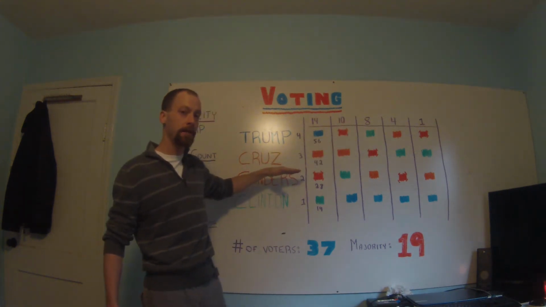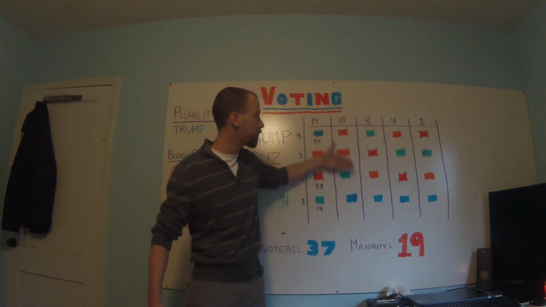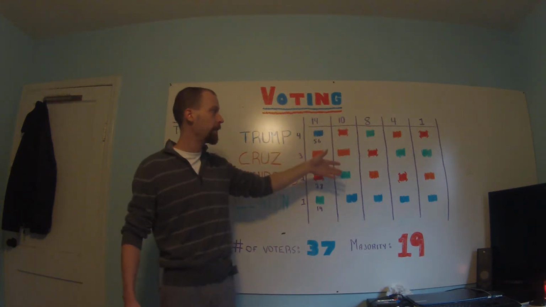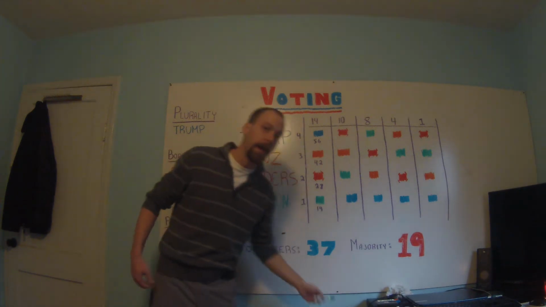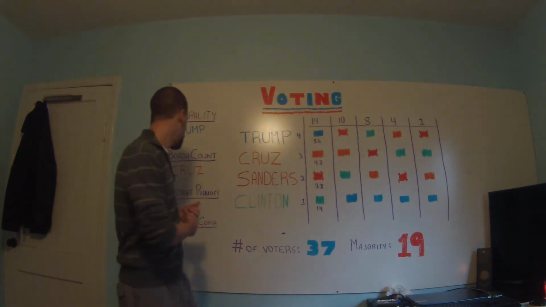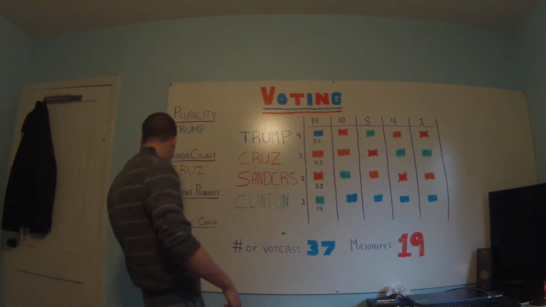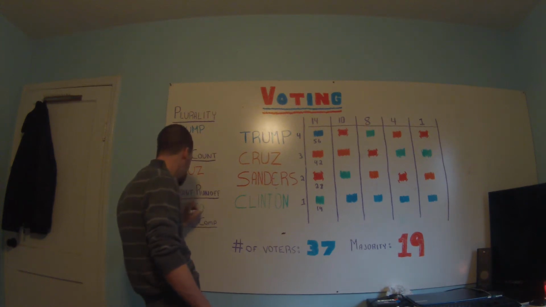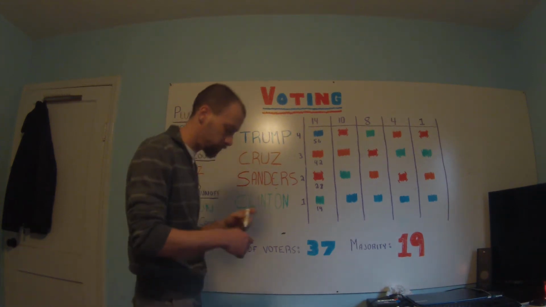Now Sanders has the least amount, so now he's out and everyone slides up. We do the recount again. This time, we finally have a majority, and that majority would be everybody else, which is 23. So if we do the instant runoff method of counting, Hillary Clinton becomes the winner of this vote.